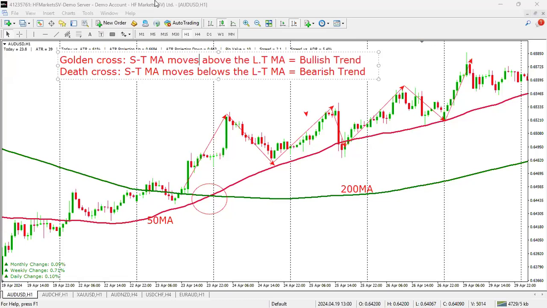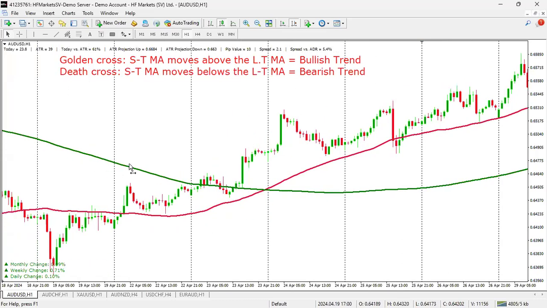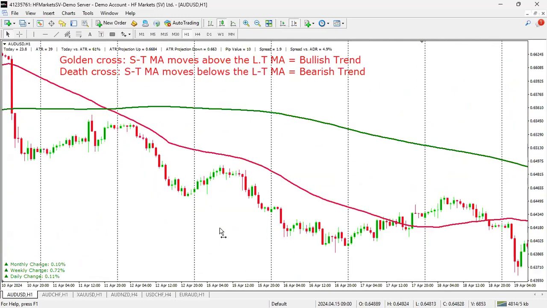So if you're looking for a dead cross in the market, it is usually when the 50 crosses below the 200, or the short-term moving average crossing below the long-term moving average.